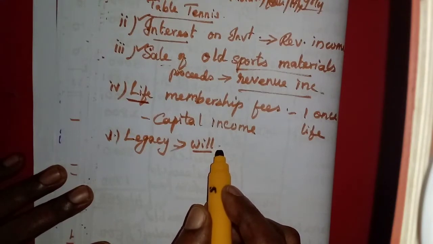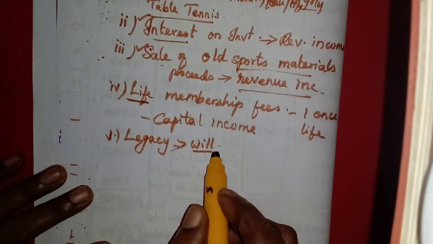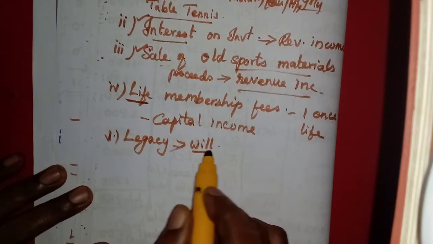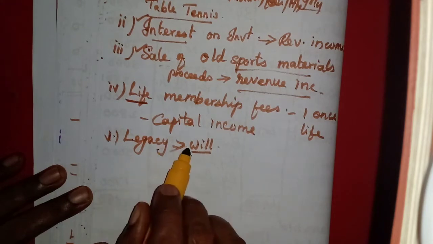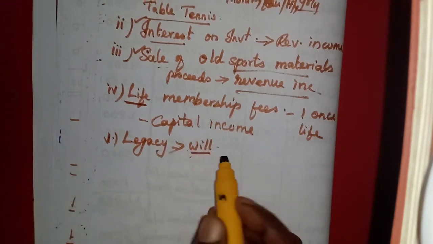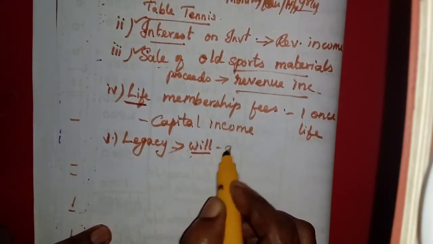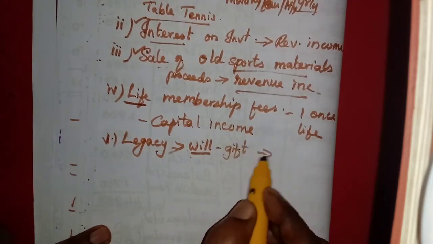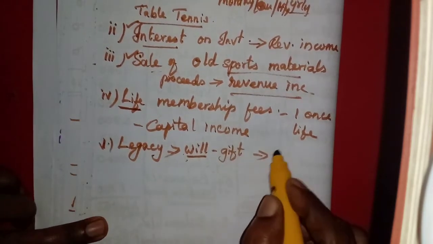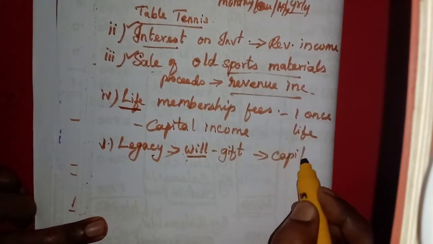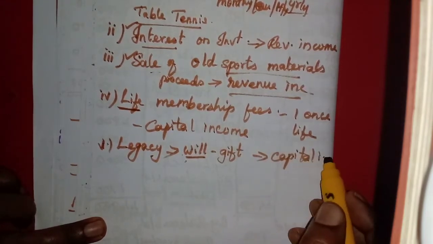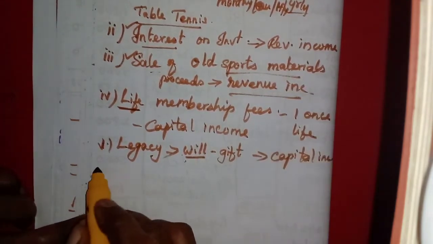Without getting any money, they will write their document and transfer the title of the document to that organization. That is considered as legacy. So we can say it is a gift given by some person. We will not get this every time, so this is also a capital income, or we can say capital gain.